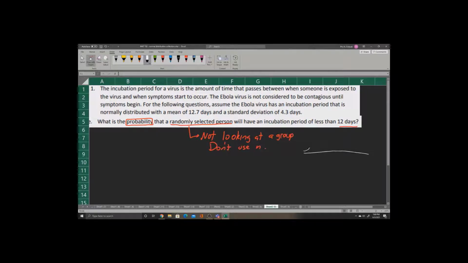However, our bell curve will be the same. Our mean is still 12.7, and the marker we're looking at is less than 12 days. We'll shade in the left-hand area, and now we'll redo the problem without using an n.